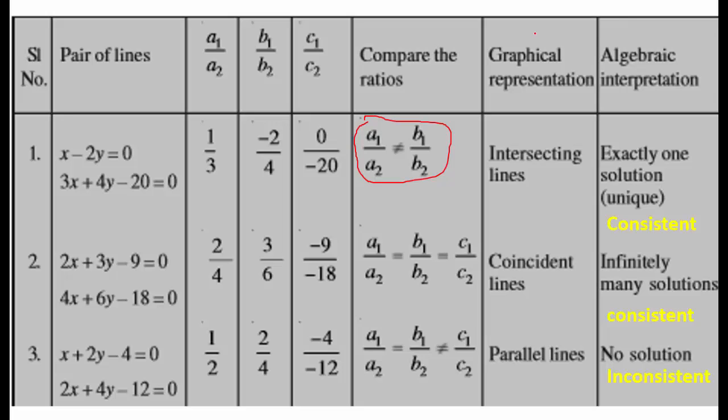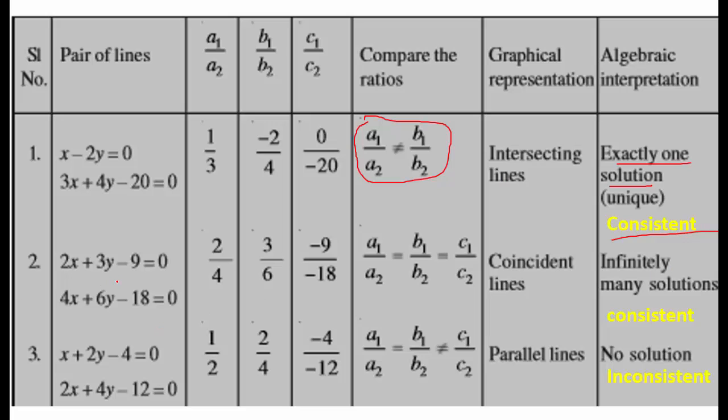Hence this will have exactly one solution, that is called a unique solution. Now if any pair of equations has a solution, then it is called a consistent pair of equations, consistent pair of lines. So this is consistent.